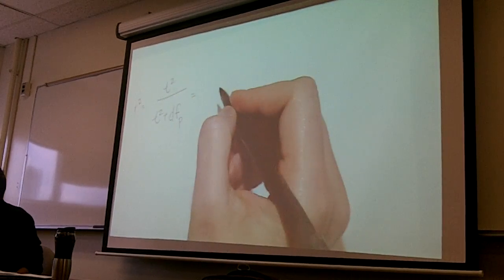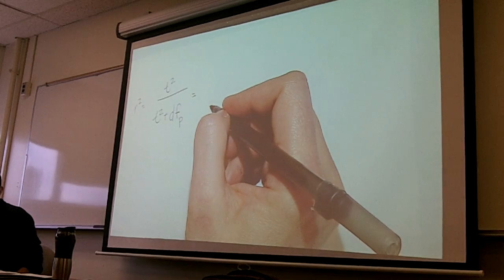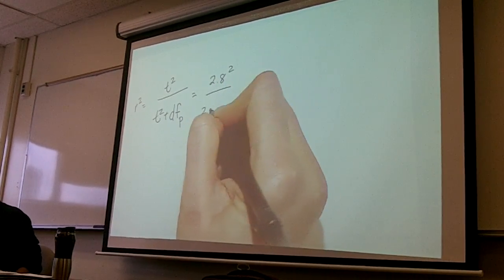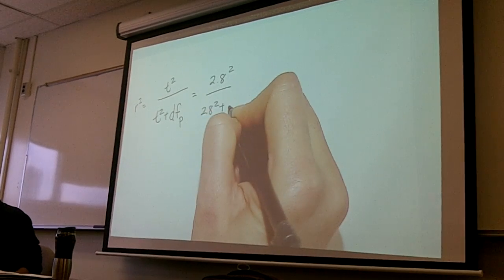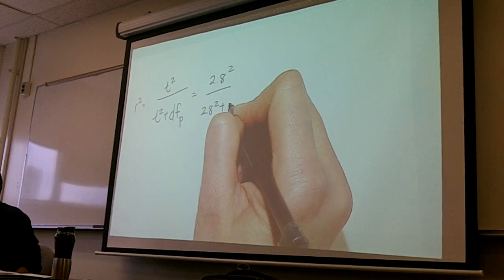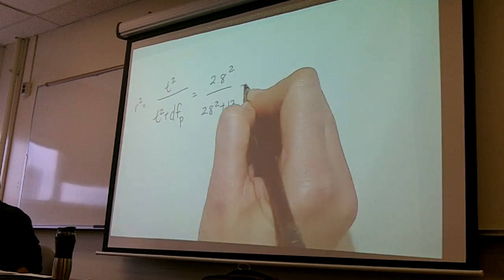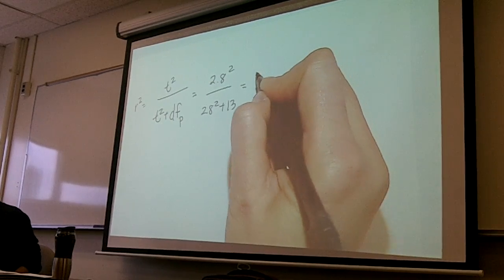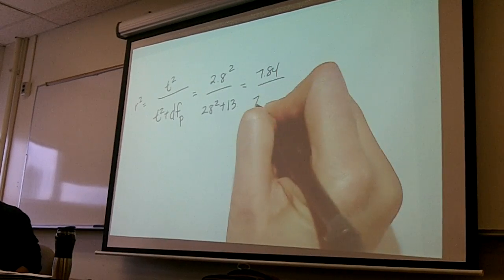Pooled. Okay, so we had 2.8 squared over 2.8 squared plus, what's our degrees of freedom pooled? 13. What's 2.8 squared? 7.84.